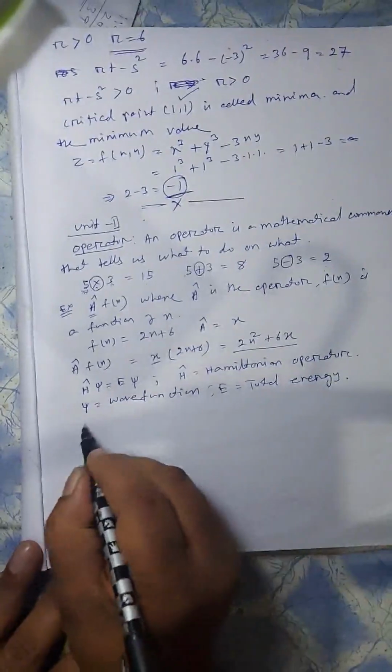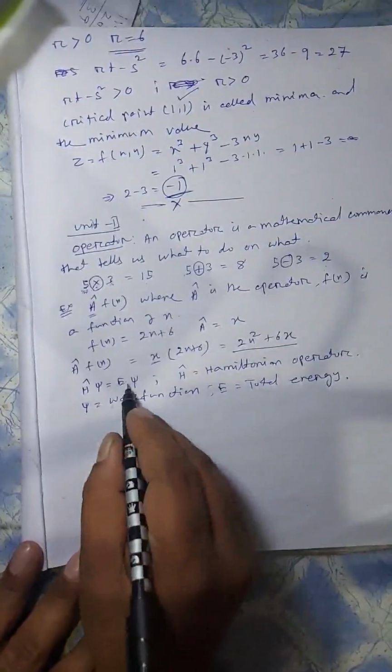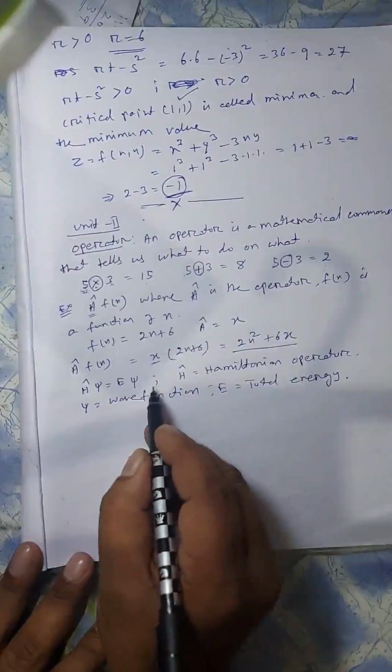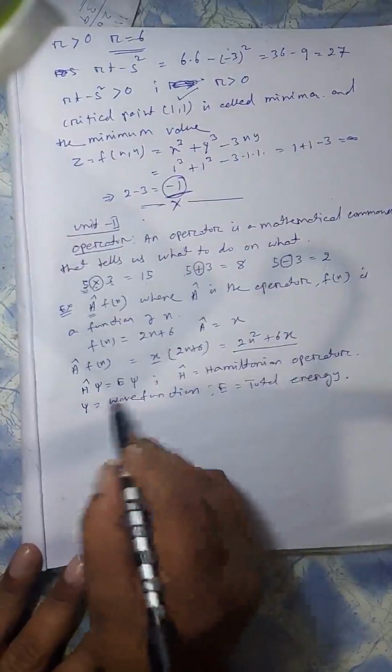Then what is the Hamiltonian operator? If you take this to this side, H psi minus E psi is equal to 0. H psi is the Hamiltonian operator.